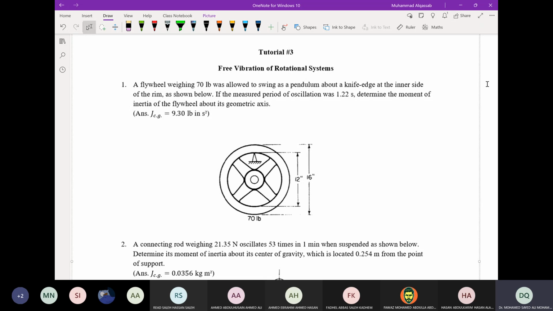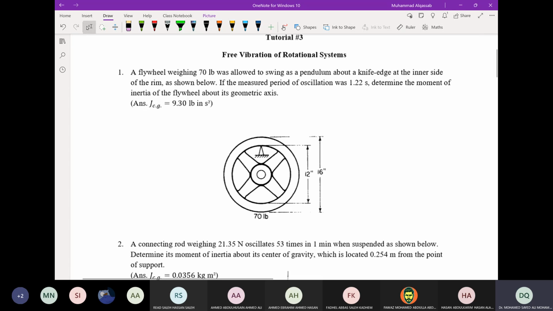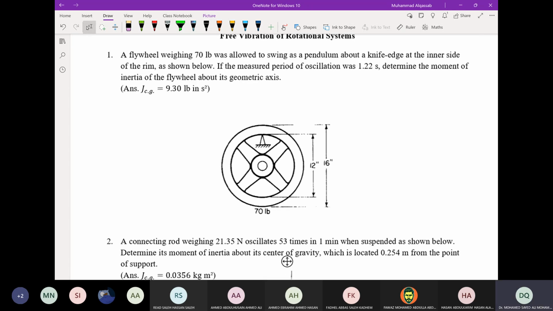Its geometric axis. The flywheel's center of gravity is in the middle. It's like the centroid, but it is not pivoted about the centroid.